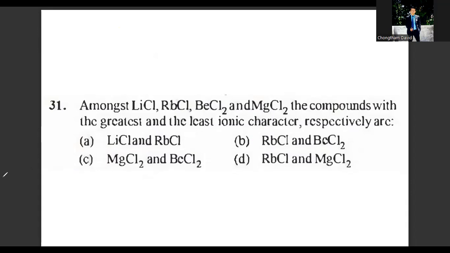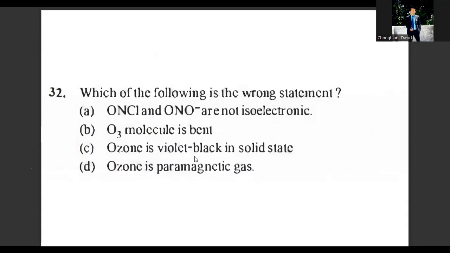32. Which of the following is the wrong statement? So these first two species are not isoelectronic because one contains 32 electrons and the other contains 28 plus 7 plus 8 plus 1, so 28 electrons, 32 and 28.